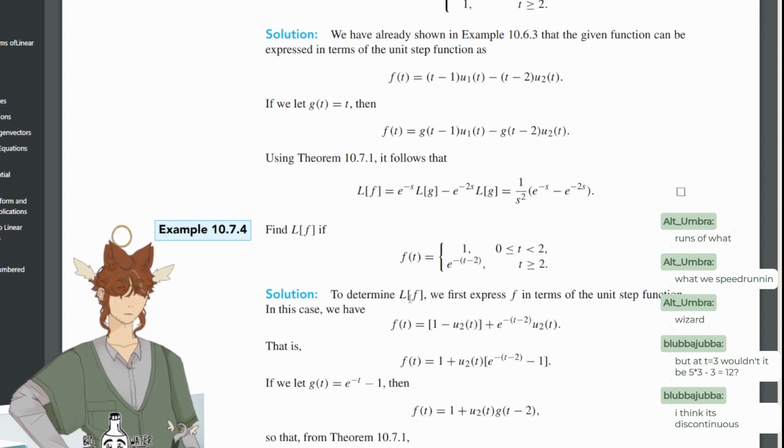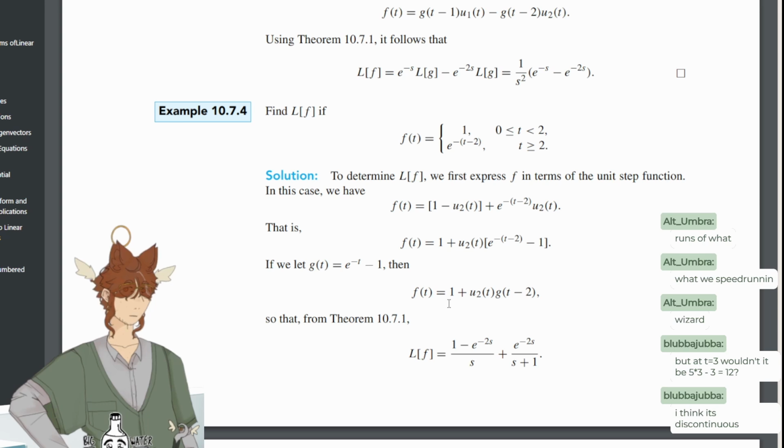Okay, to determine L of f, we first express f in terms of whatever, sure. If we let g of t equals e to the negative t minus 1, then... okay. Then 1 plus u2 of g minus 2.